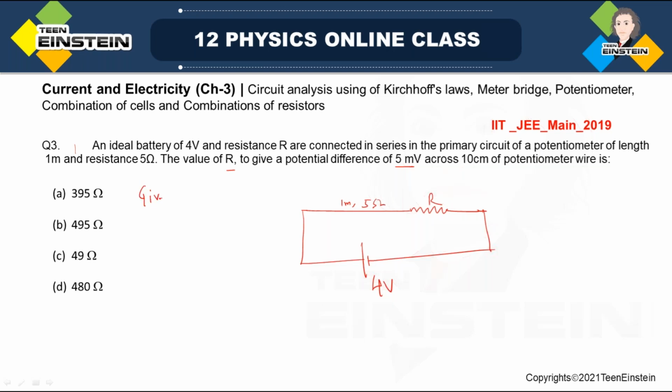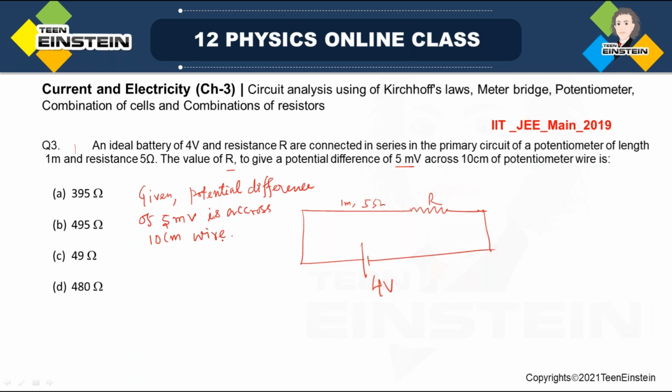Given: potential difference of 5 millivolt is across 10 centimeter wire.